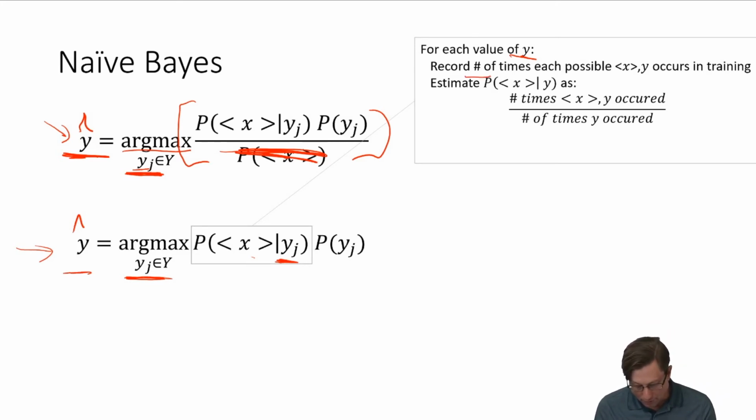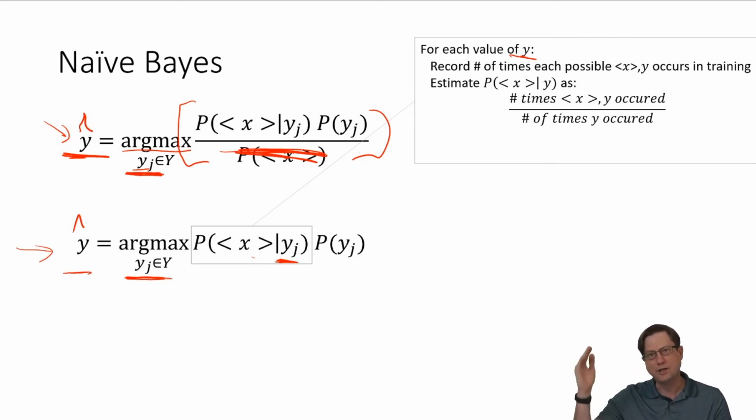You record the number of times each possible training example occurs with that y in the training data. So you have to have a table where the first index is the value of y, the second index is every possible instance allowed by your instance space, and for each of those you have to keep a counter.